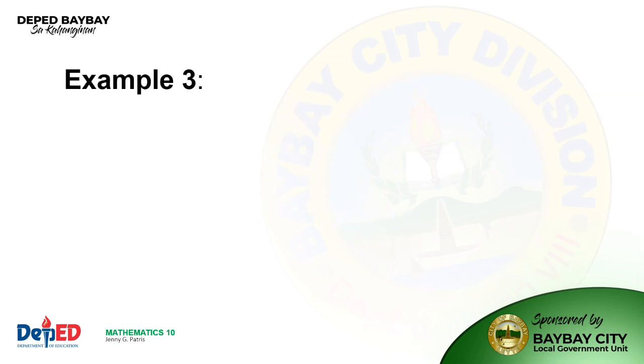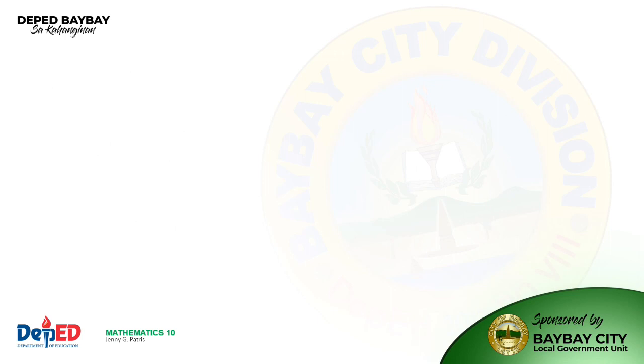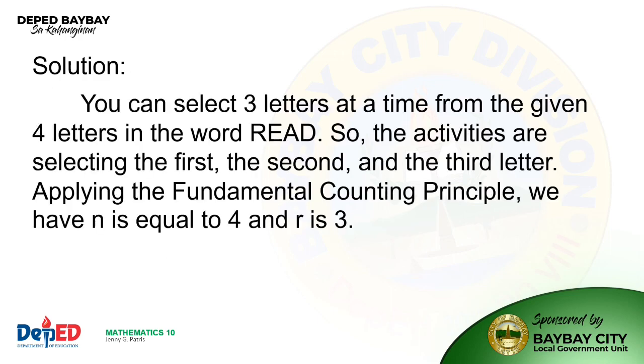Example 3. Given the 4-letter word read, in how many ways can we arrange the letters 3 at a time? In the problem, order is still important since any of the 3 letters formed is different from the others. You can select 3 letters at a time from the given 4 letters in the word read.